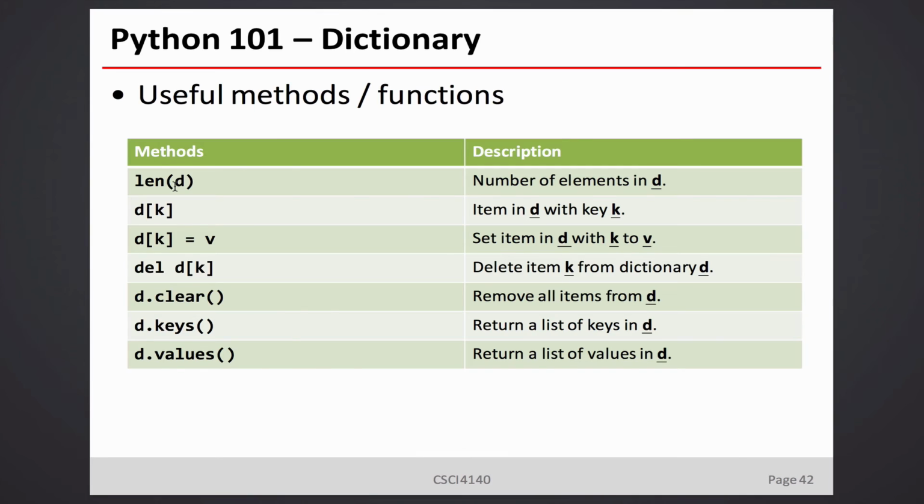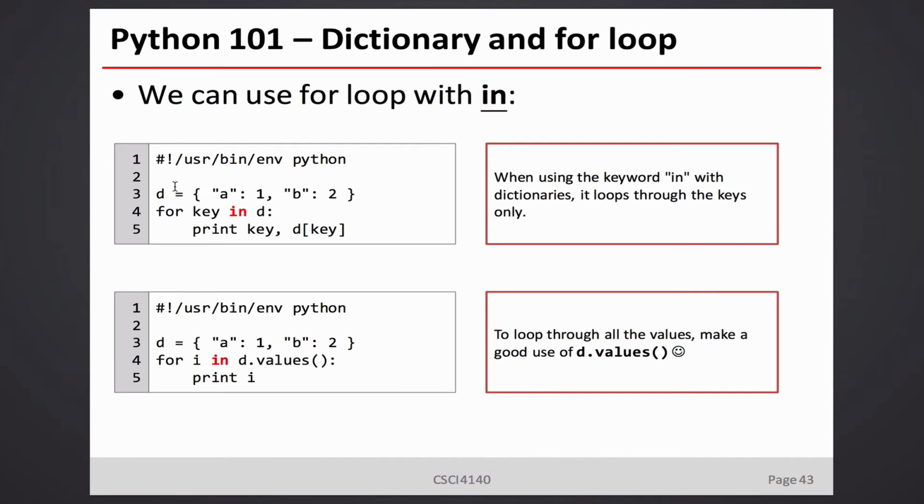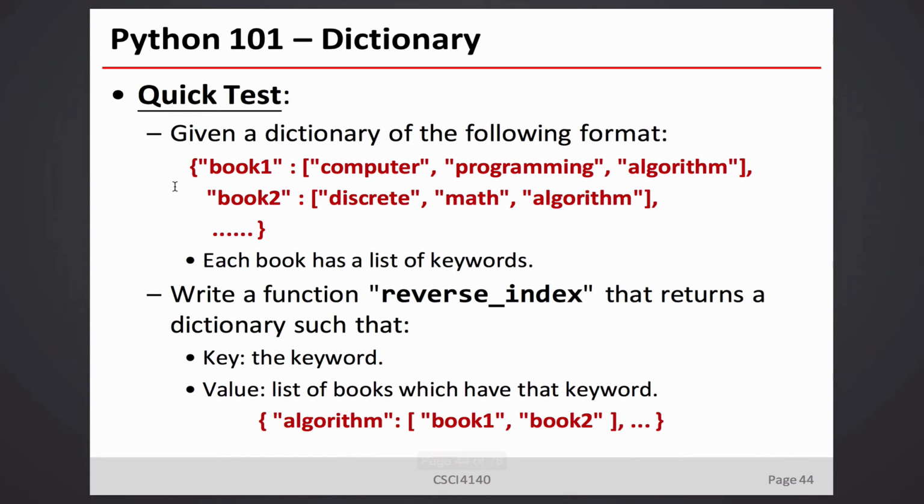Now, what you are going to do in the next challenge is just a simple exercise. If you learn search engines, you immediately know what this means. This is what we call an inverted index in a search engine.